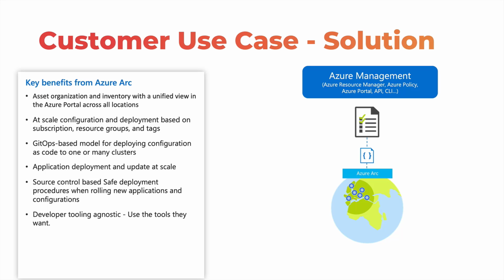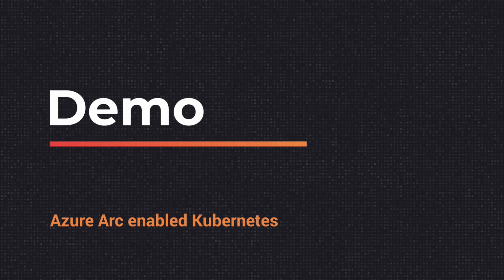So this is going to ensure that we have a very scalable deployment model where you commit the changes to a Git repo and it gets propagated to every registered cluster with Azure Arc. All this is possible when you have an Uber control plane like Azure Arc that is managing all the Kubernetes clusters. So to understand this better, let's take a look at the demo.